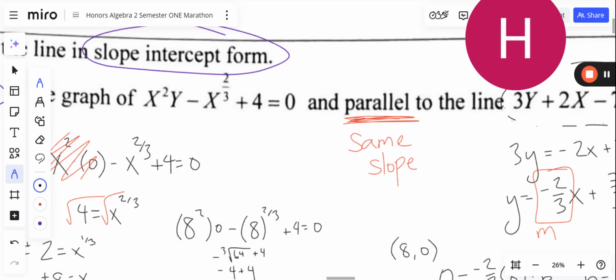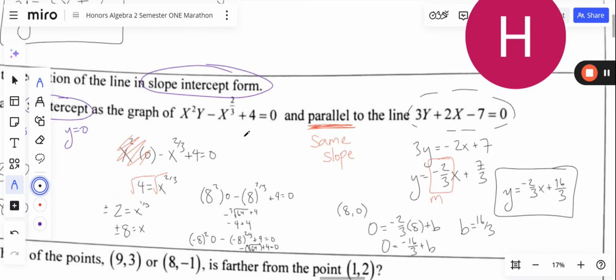I know you can't see that, but I'm looking at the graph on Desmos, and we see that there's an x-intercept at positive 8, and there's also an x-intercept at negative 8. So you know what I think we should probably do? I think we should probably draw up an equation of a line that's parallel but contains each one of those x-intercepts.